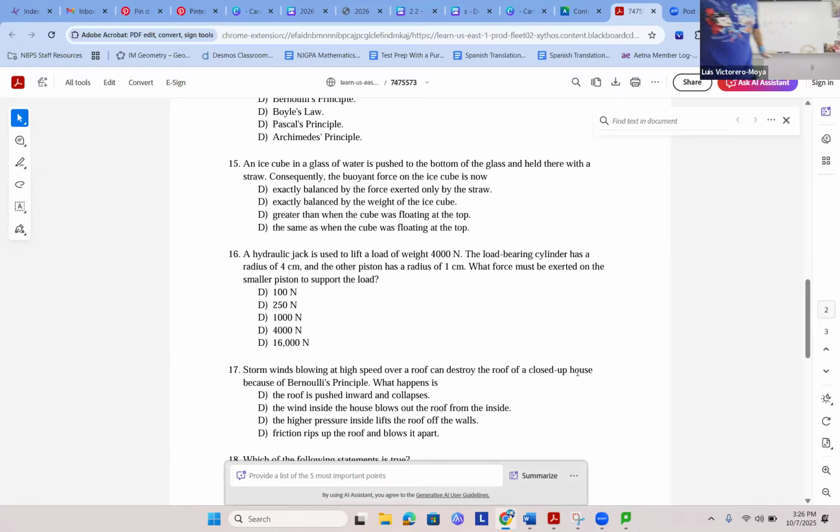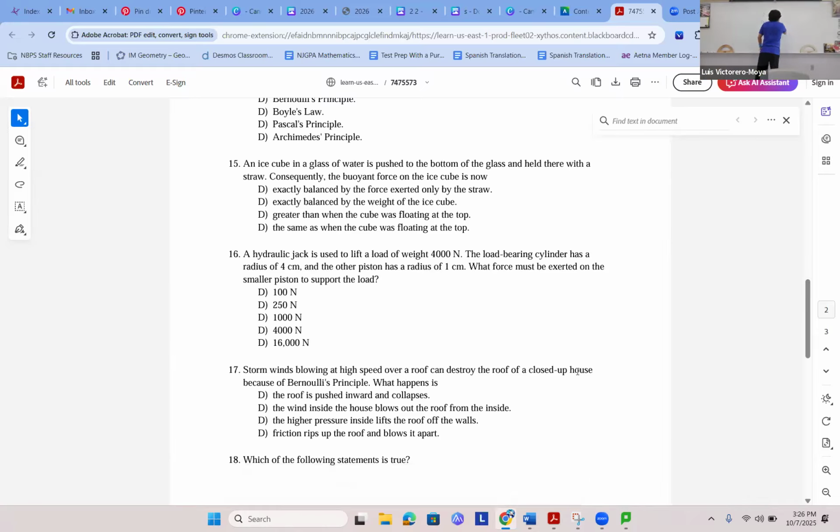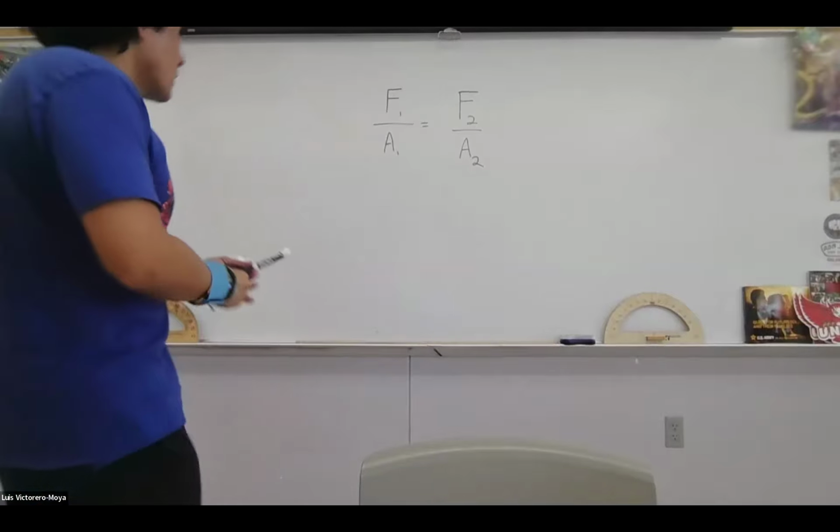I want to start writing on the board. So F1 over A1 equals F2 over A2. That's basically what you need to do in question 16 in the practice.